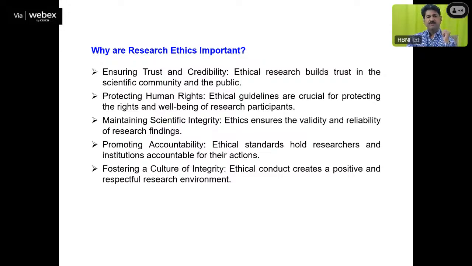But when we are working for a very reputed organization, the responsibility becomes too much important.